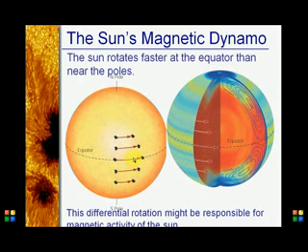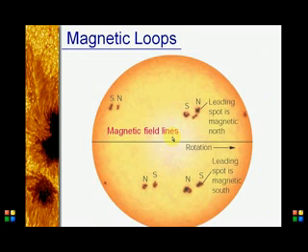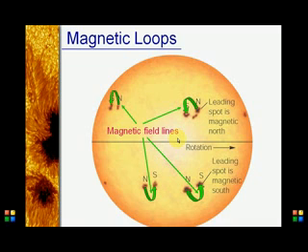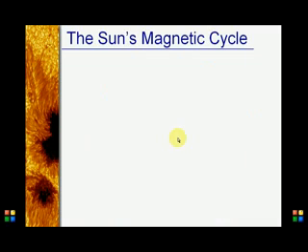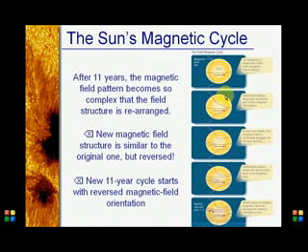And this differential rotation might be responsible for the magnetic activity of the sun, because magnetic field lines start to revolve with the north and south, and this causes the overlapping of the magnetic lines on the sun, causing different magnetic activity.